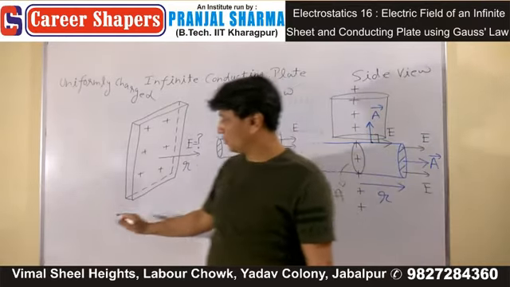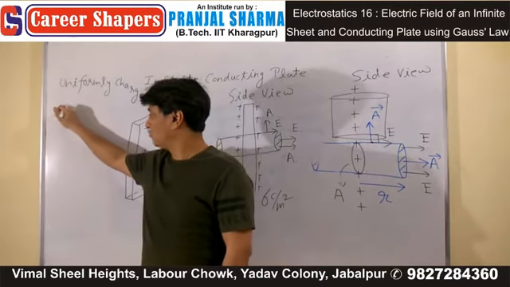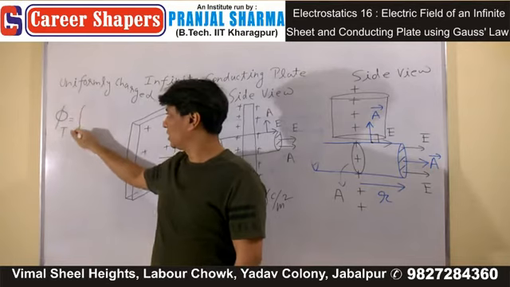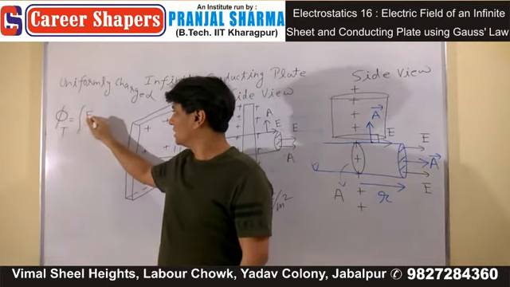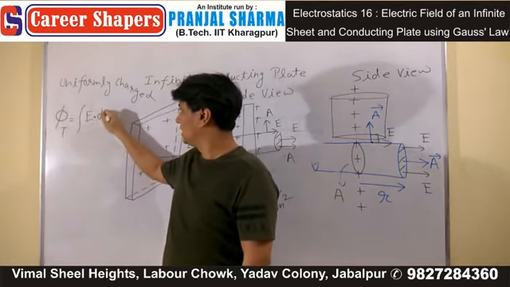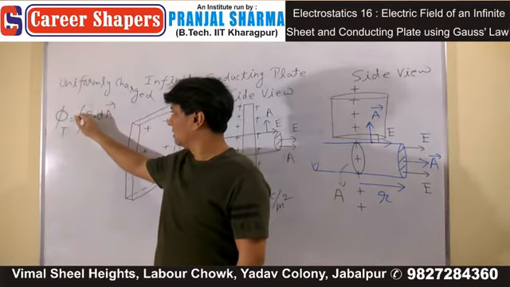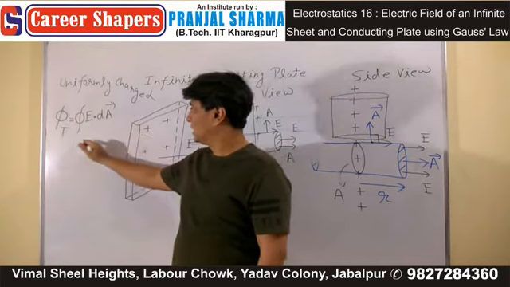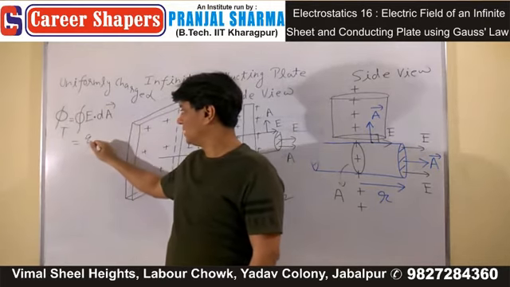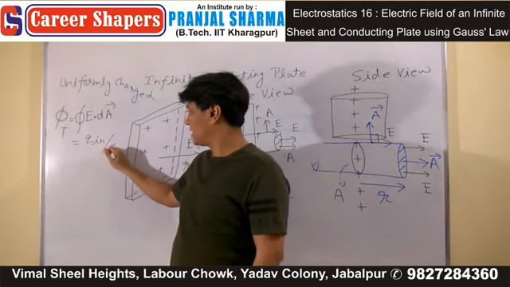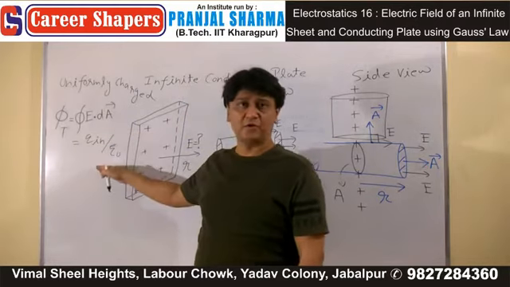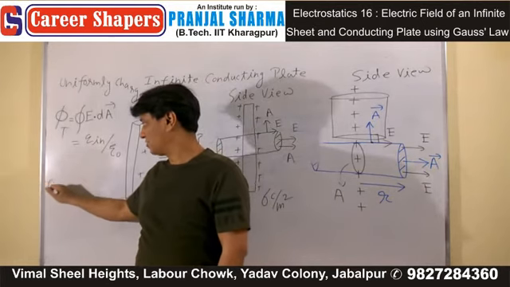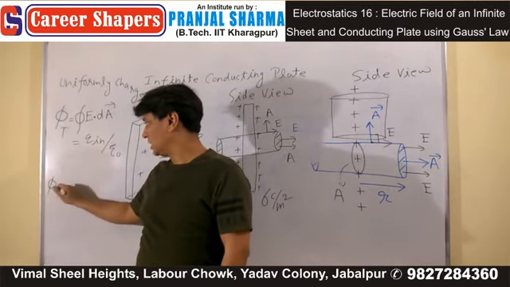When you write phi total, again the same thing, Gauss: the closed loop integral of E dot dA is equal to Q inside divided by epsilon 0. You will write this formal statement.